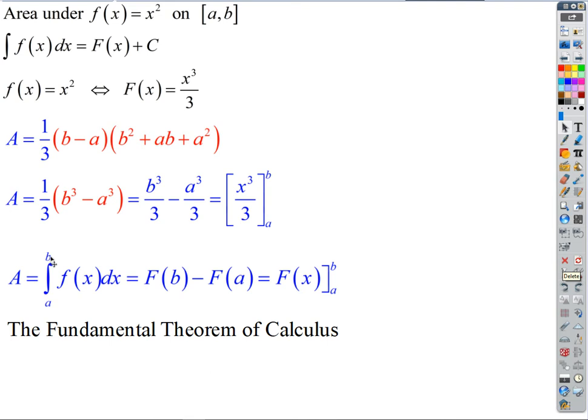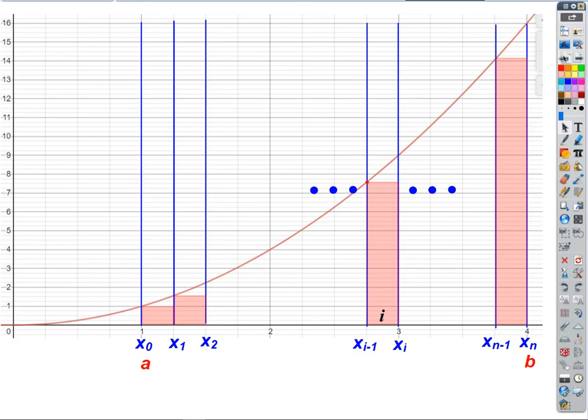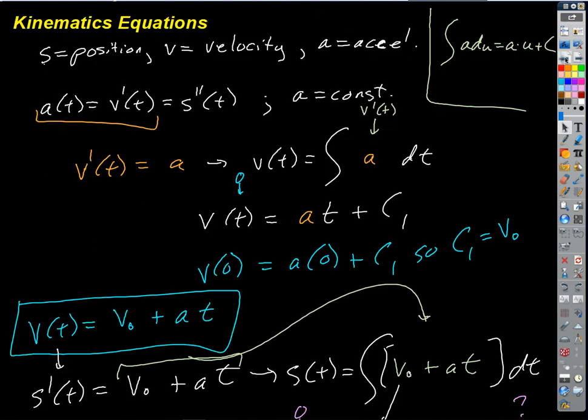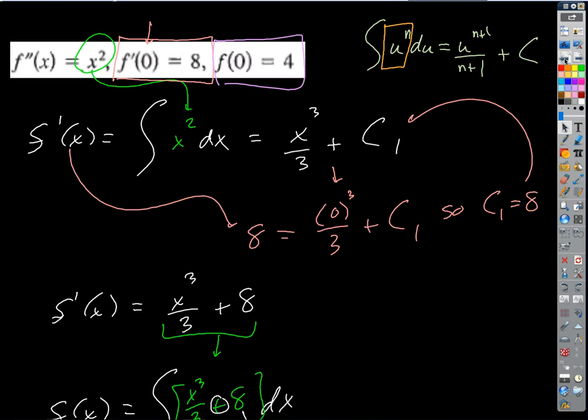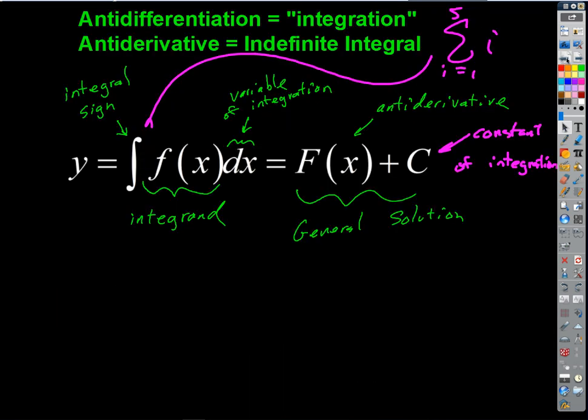Now this is a different kind of antiderivative. Instead of the kind that we had clear back like 20-some pages ago, this is what we call an indefinite integral because I've got a plus c at the end of it, or an antiderivative.